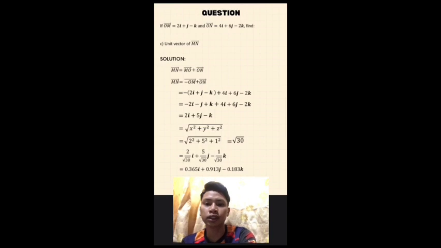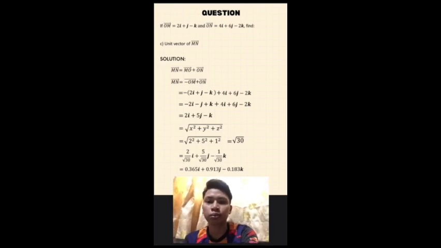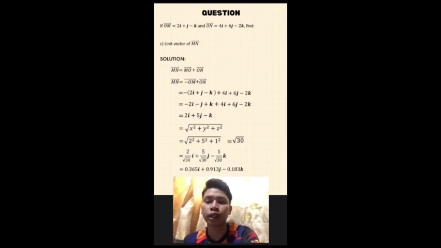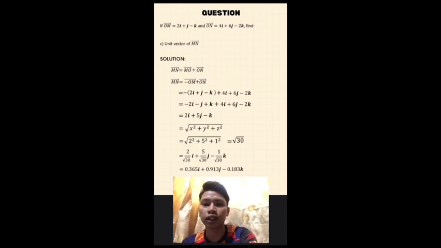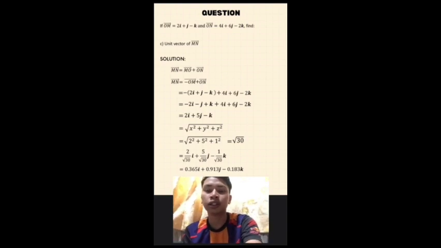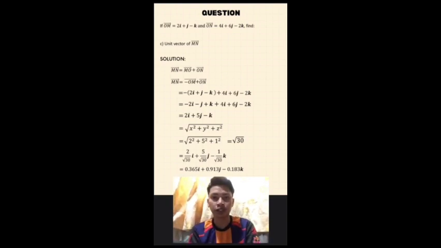The answer is 0.365i plus 0.913j minus 0.183k. This is the answer for the question today.